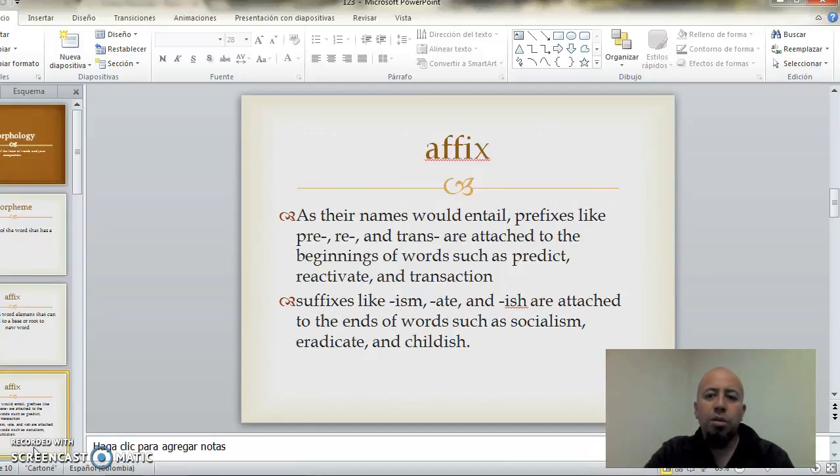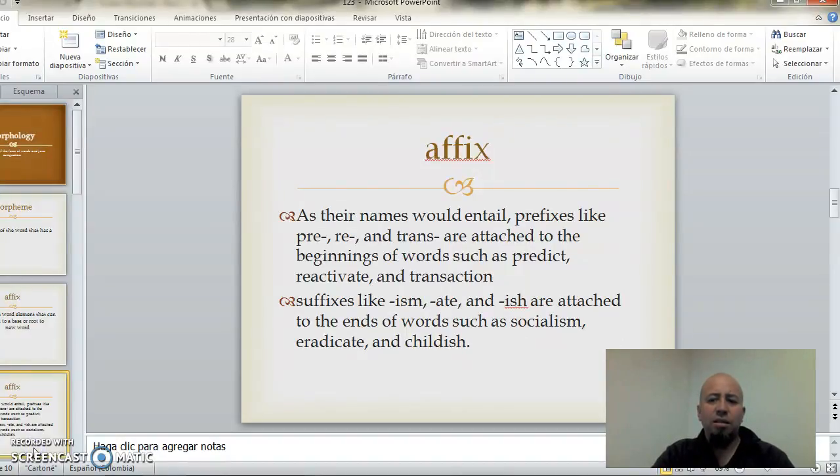As their names would entail, prefixes like pre, re, and trans are attached to the beginning of words such as predict, reactivate, and transaction. Suffixes like ism, ate, and ish are attached to the end of words such as socialism, eradicate, and childish.